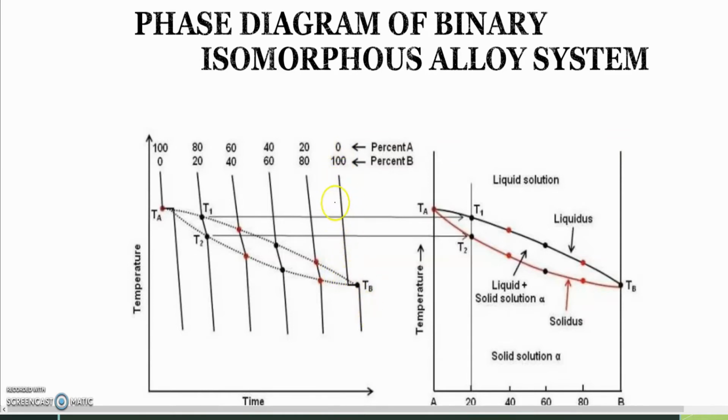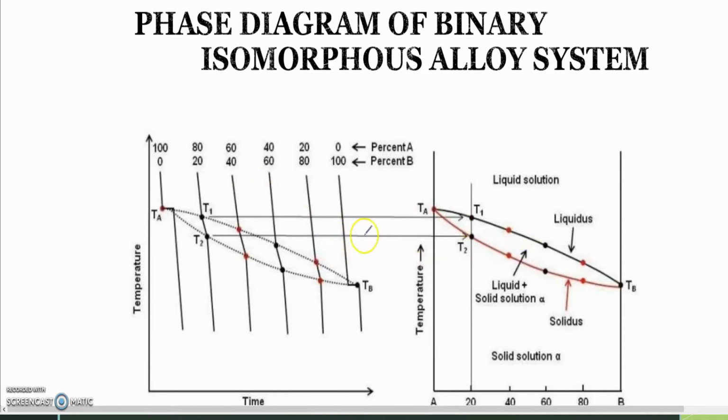Line sebelah ni percent A 20% and then B 80%. So kamu akan dapat cooling curve yang berbeza ikut composition of the components. Kita tak akan dapat graf yang sama jika komposisinya berbeza.